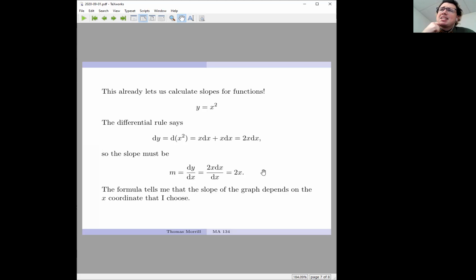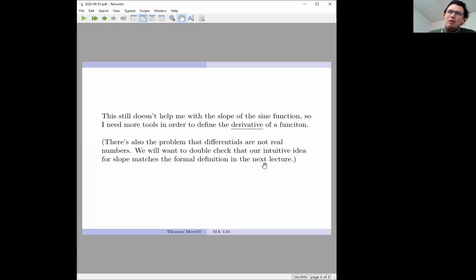I like that. That makes sense, because my parabolas don't have a constant slope. They get steeper the farther I go out. They get shallower the closer to their root, the vertex, I am. So that makes a lot of sense, at least to me, from a geometric point of view. Now, this only helps us with functions that are powers of x for right now.